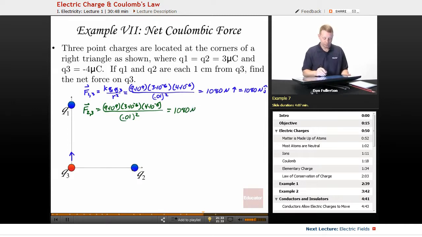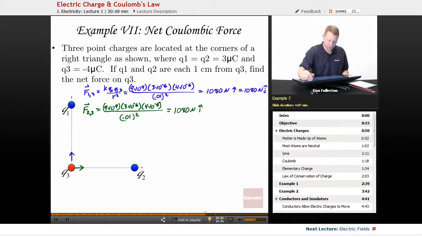But as we look at this one, we have a positive charge here, a negative charge here, so the force on 3 due to 2 is going to be to the right. So 1,080 newtons to the right, or 1,080 newtons in the i-hat direction, in the x direction, in unit vector notation.